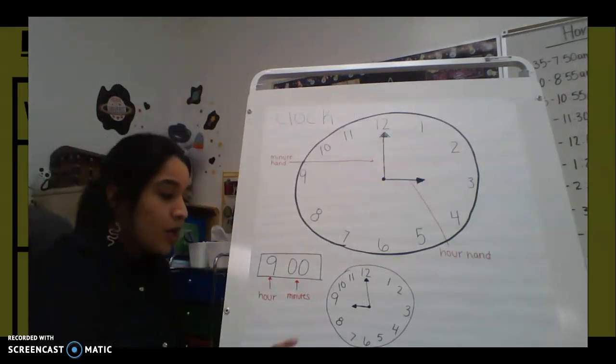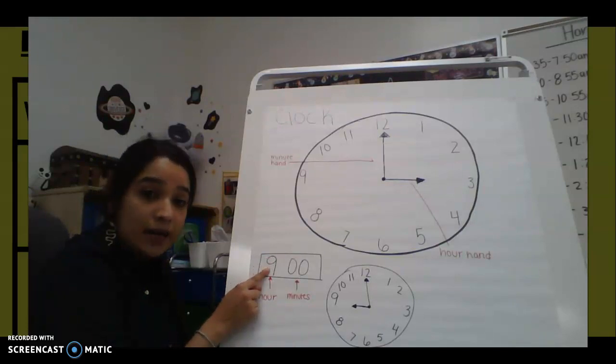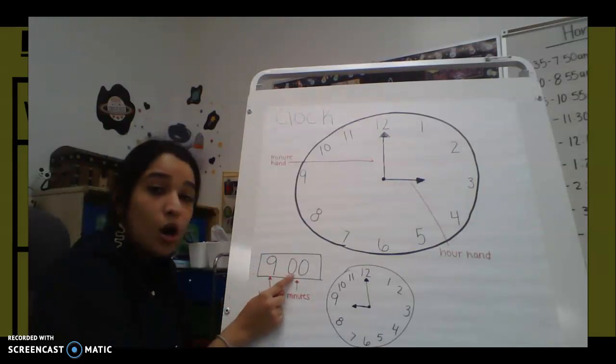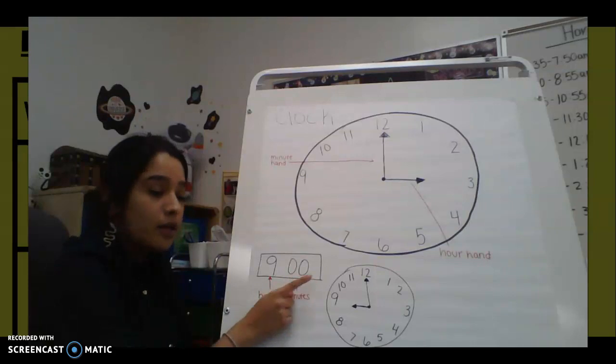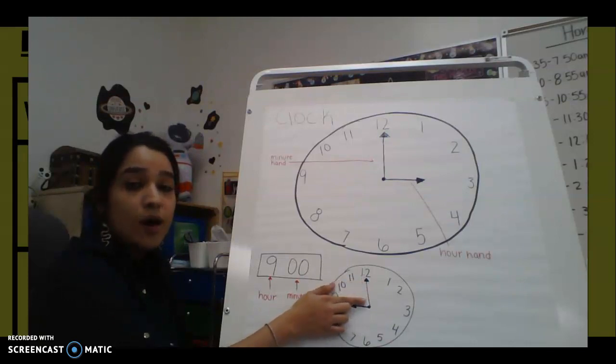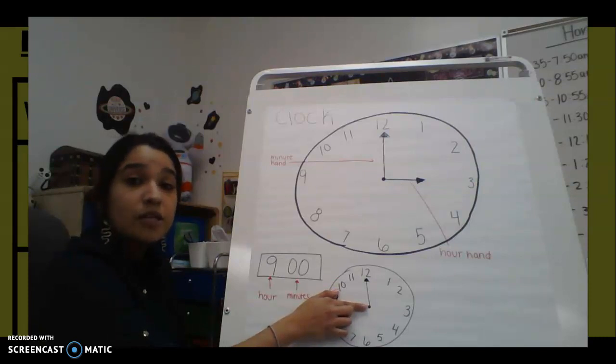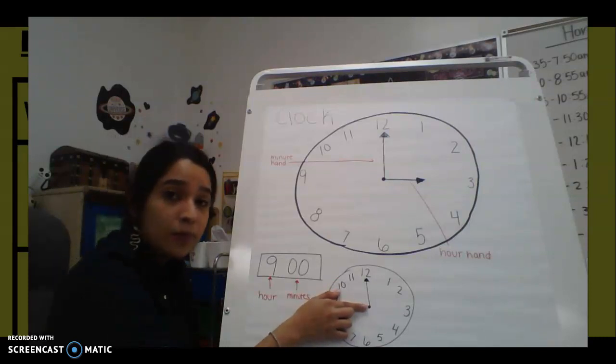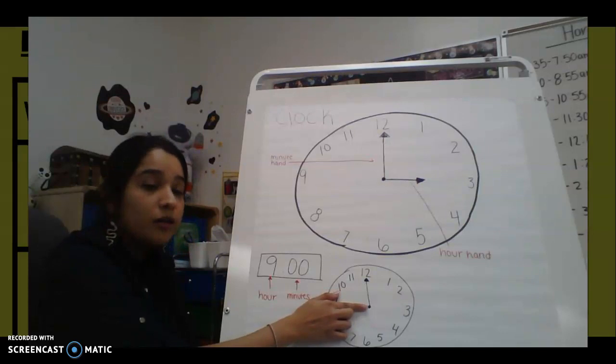O'clock. So right here it says 9, because that's the hour, o'clock. So 9 o'clock. So we have to put the minute hand on the 12. Yes, and that represents o'clock as well, but just in a different form on the clock.